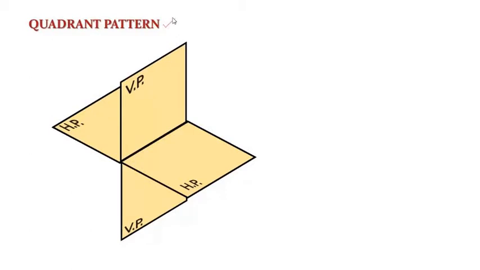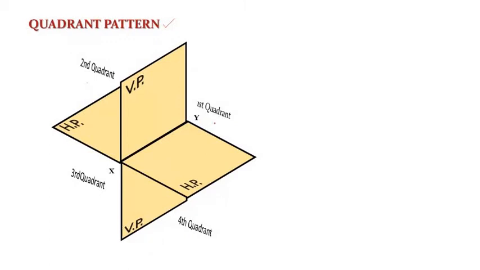We intersect the vertical plane and horizontal plane in order to arrive at this quadrant system. This is my first quadrant, this is my second quadrant, this is my third quadrant, and this will be my fourth quadrant. Always you need to follow this process.